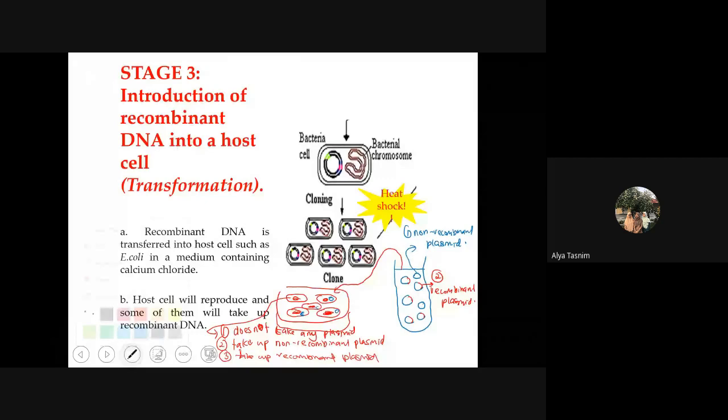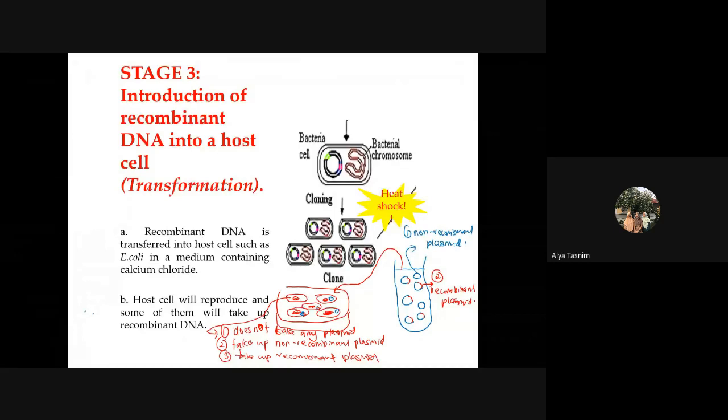Contohnya adalah bakteria yang ini. Okay, so ada 3 possibility yang akan terjadi pada host cell tu. One is the bacteria that does not take any plasmid. Second, bacteria that take up non-recombinant plasmid. Yang ketiga adalah bakteria yang take up recombinant plasmid.